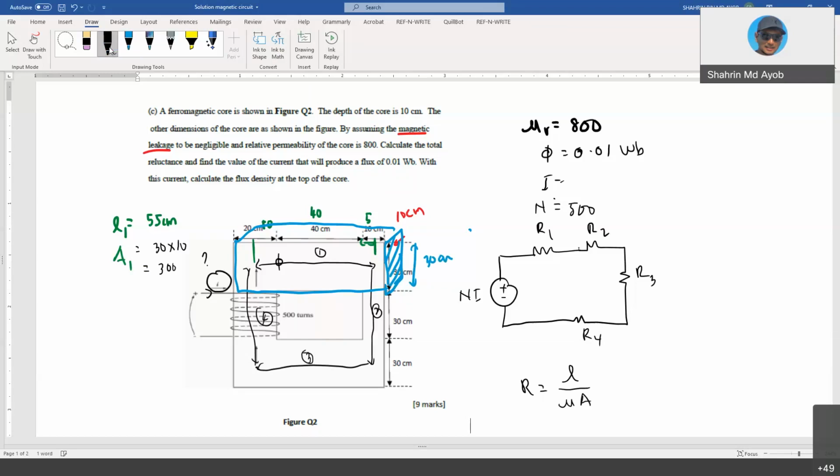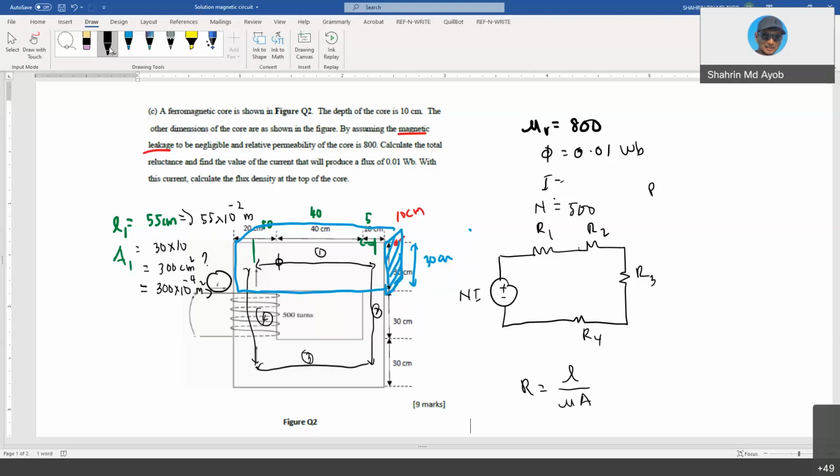This is 300 centimeter square, or in meter units 300 multiplied by 10 to the negative 4 meter square. The length also needs to be converted into meter, so this one is 55 times 10 to the negative 2 meter. All the units must be converted into meter and meter square.